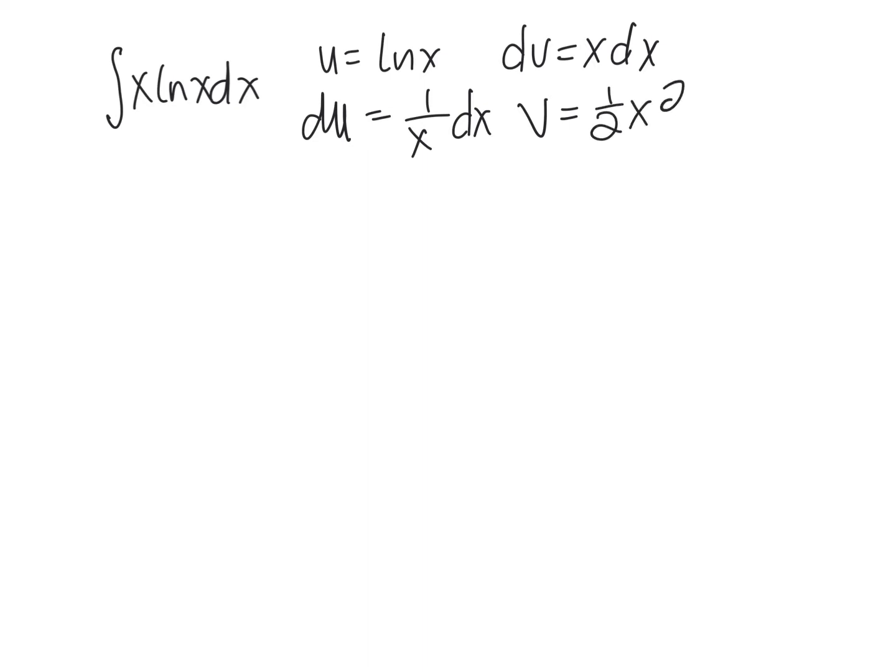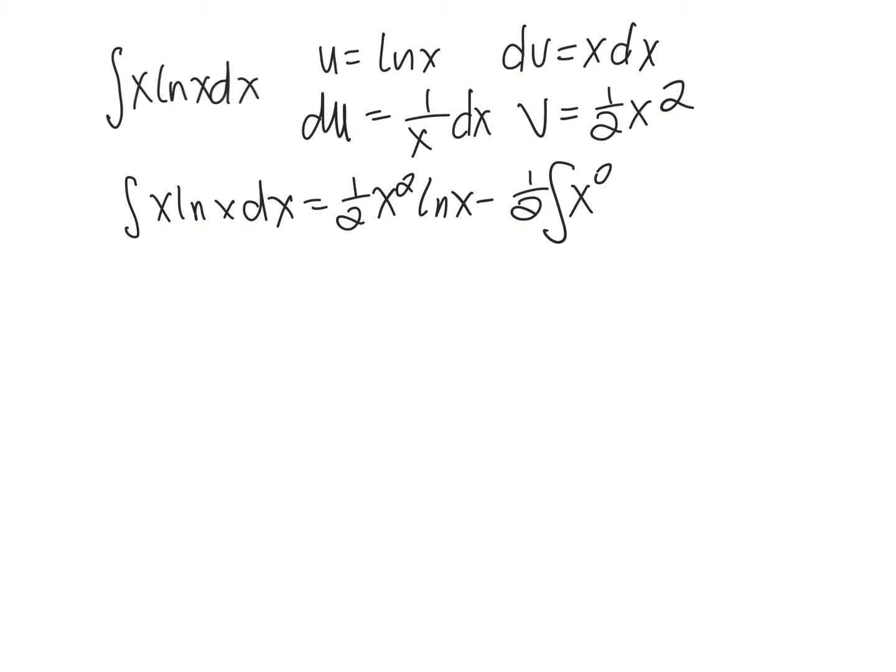The antiderivative of x ln x is u times v, 1/2 x squared natural log of x, minus the integral of v du, which is 1/2 times the integral of x squared times 1 over x dx.